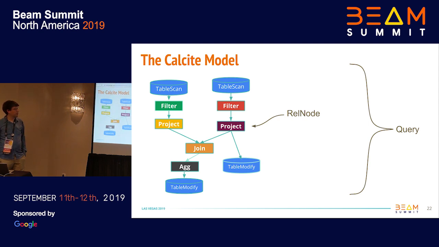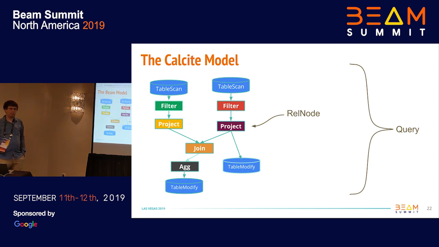So the graph sort of looks like this in the Calcite model. You write your SQL, you end up with a graph that looks like this. You have some tables. You maybe apply some filters, some projects, do a join, whatever. That gets translated into the Beam model, which looks like this. This is one example of how this could be implemented.